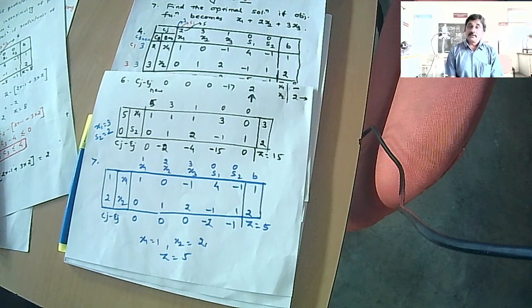Or someone may reveal that a certain constraint was not considered. You have considered the constraints for labor and material, but what about the administrative constraint? That was not considered. Can that be accommodated in the optimal iteration? We will be seeing that in later classes. So we stop here.